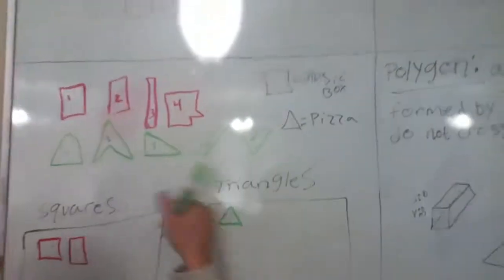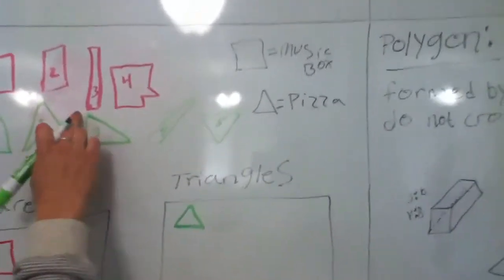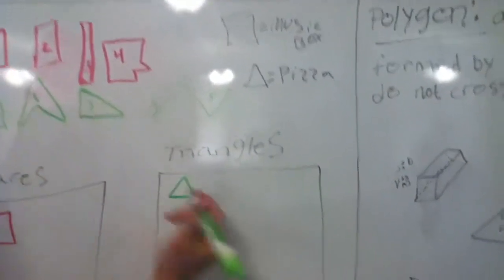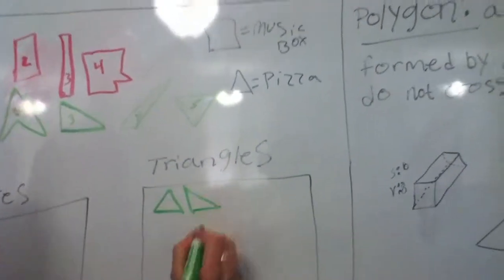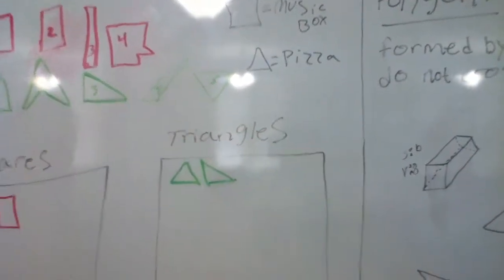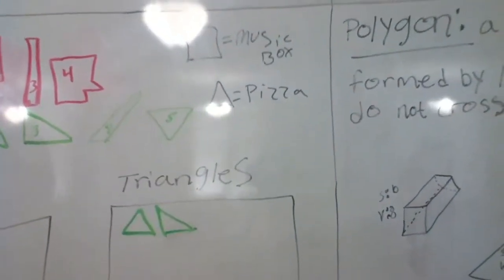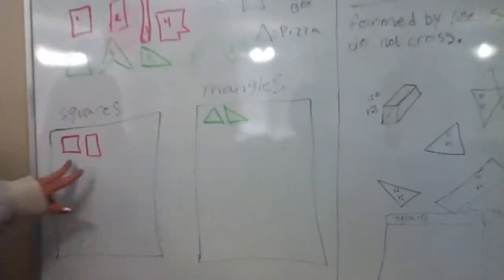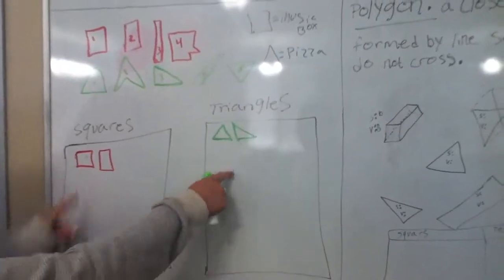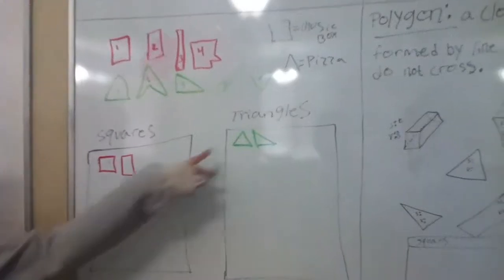Number 3, they would categorize as a triangle because it does have the little pointy end on the top and the long edge at the bottom. Number 4, they would probably say it's too skinny. And number 5, they might say it's upside down, so those would not go in the category. They categorized them using colors to put in the squares category and the triangles category.